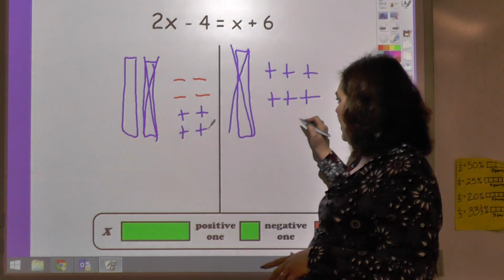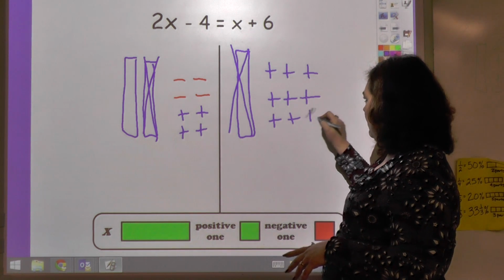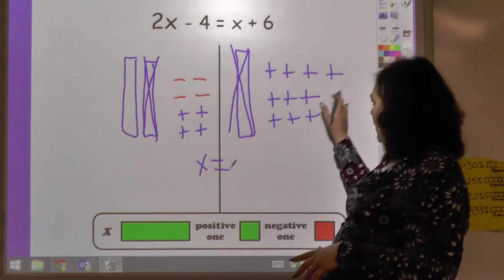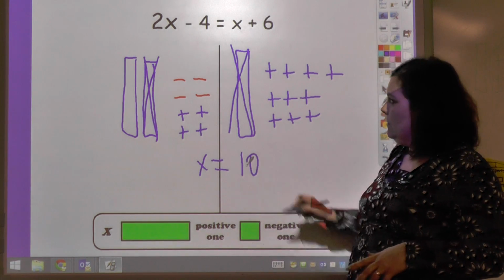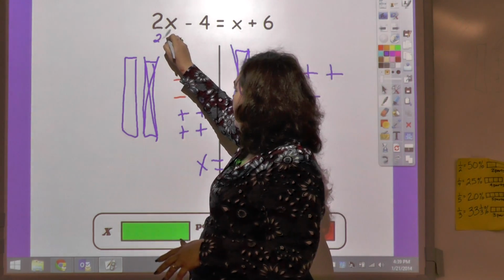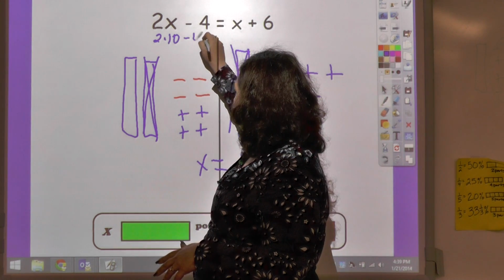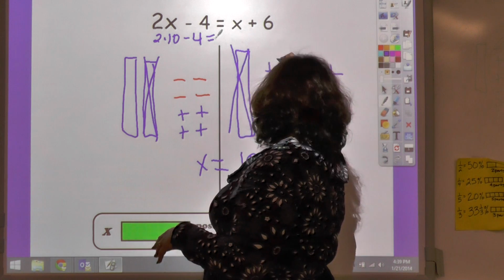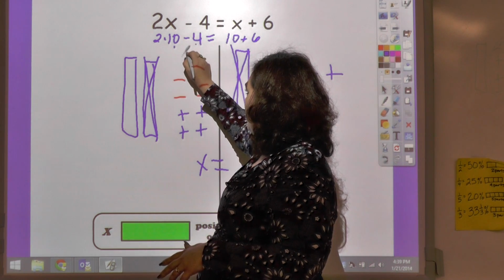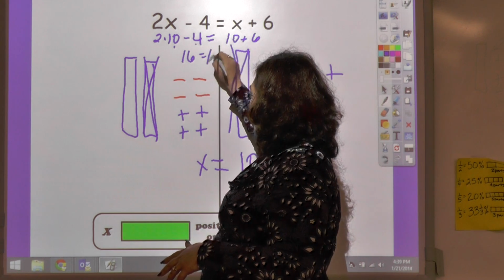You would add 4 here, add 4 here, and so x equals 10. And put it back in and make sure it makes sense. So 2 times 10 minus 4 equals 10 plus 6, and that's 20 minus 4 is 16 equals 16, so it checks.